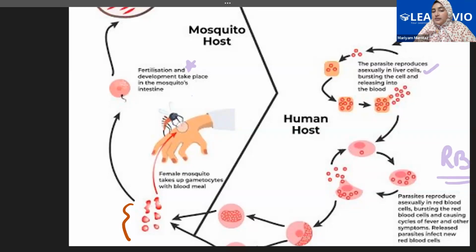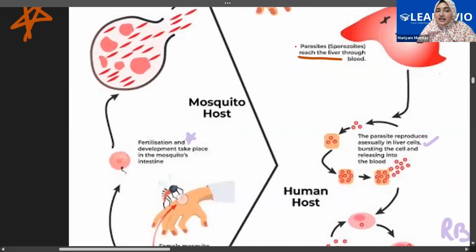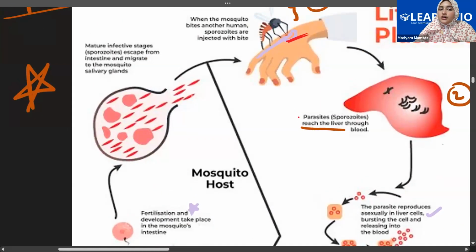Now always remember, students, the asexual cycle takes place in the human host, inside the human, but the main sexual stages take place inside the mosquito. So the fertilization and development takes place inside the body of the mosquito, and then the mature or infective stage of Plasmodium is the sporozoite. This sporozoite was developed inside the intestine because fertilization took place there.